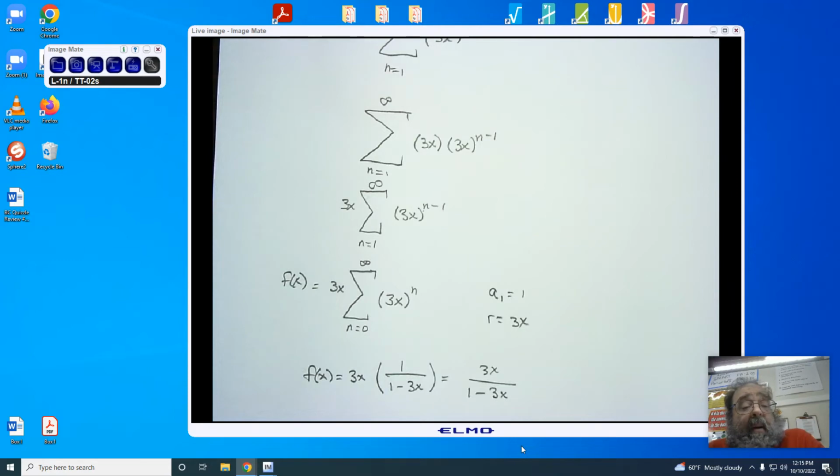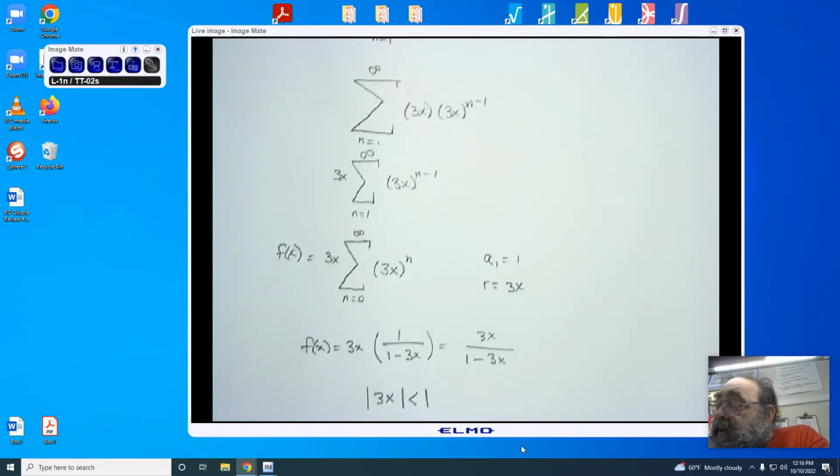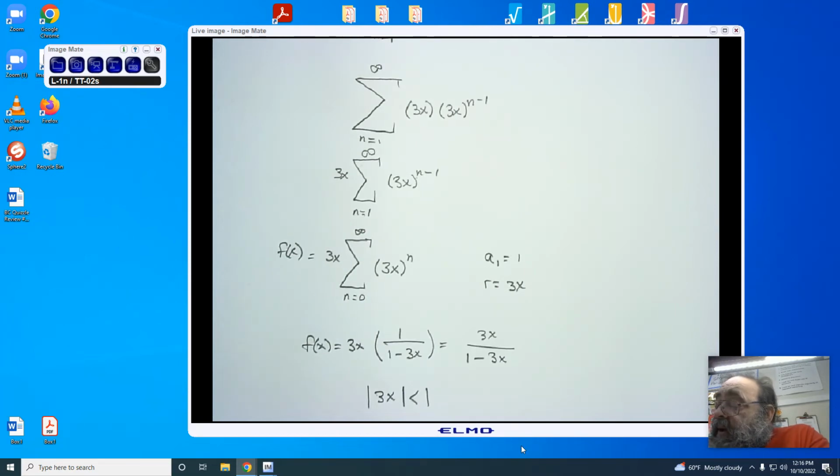And now the question becomes, what value am I approaching? What values will work and give me convergence with this f of x? You see, this f of x will only converge for a small group of x values. And we want to know, what are those x values? So we're going to take our ratio and say that it's less than 1, allowing me to factor out the 3, using my properties of absolute values, so that the absolute value of x is less than 1/3.